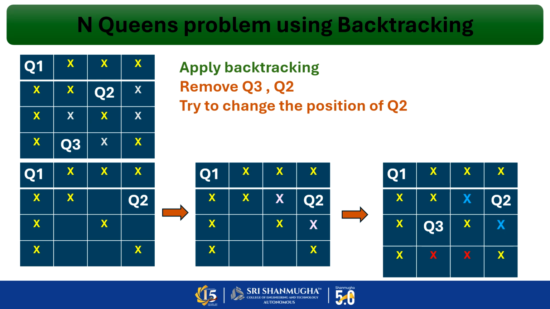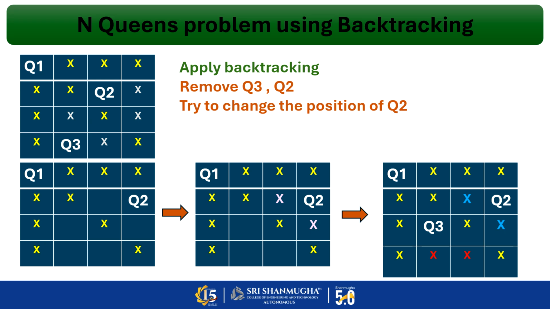Okay. So in this picture I have shown, I just made one small arrangement and tried to change the position of Q2. Instead of placing it in the second row, third column, I placed it in the fourth column. When I place it in the fourth column, I have a safe place for Q3 in the third row itself.